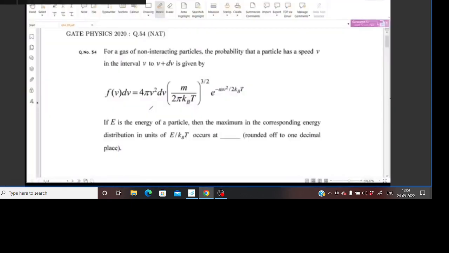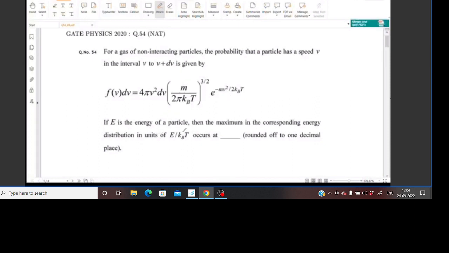Hello everyone, in this video I shall discuss the solution of question number 54 of GATE Physics 2020. This is a numerical answer type question. For a gas of non-interacting particles, the probability that a particle has a speed v in the interval v to v plus dv is given by f(v) dv equal to 4 pi v squared dv into (m by 2 pi kT) whole to the power 3 by 2 into e to the power minus m v squared by 2 kBT.